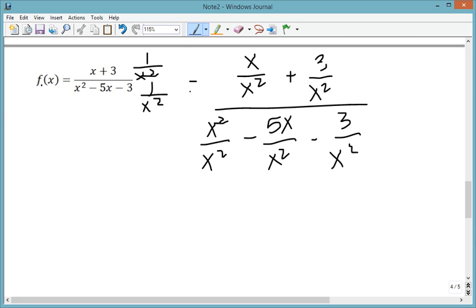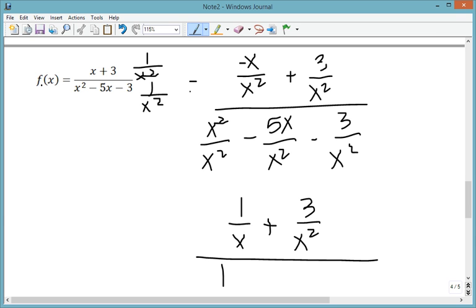Now, when I reduce that, I cancel an x and I have 1 over x plus 3 over x squared on top, and on the bottom I have 1 minus 5 over x minus 3 over x squared.